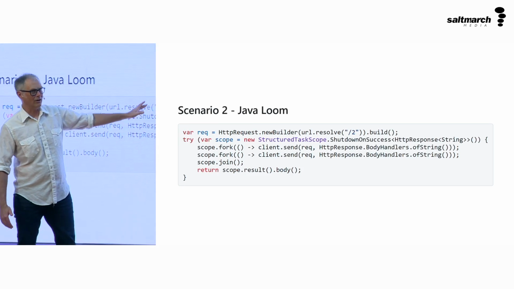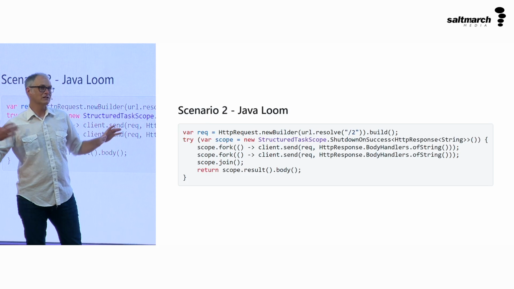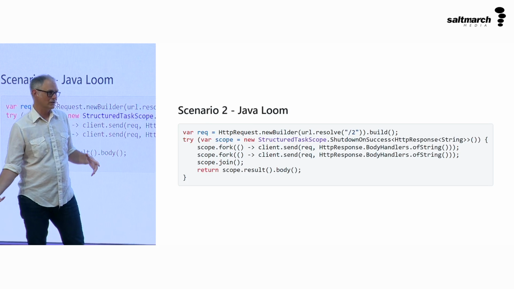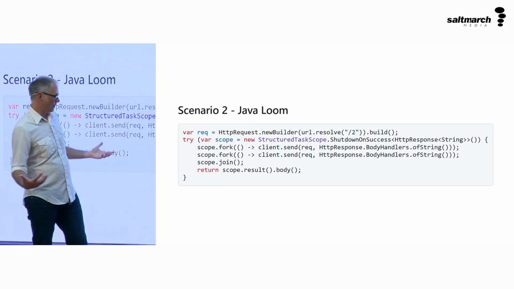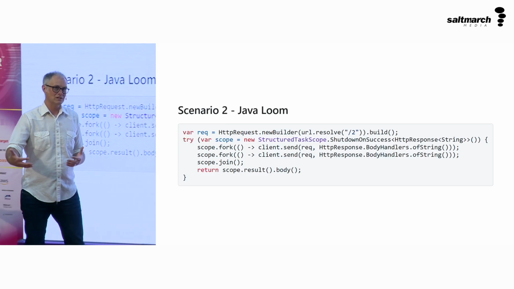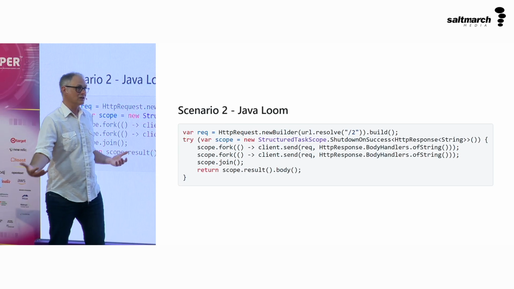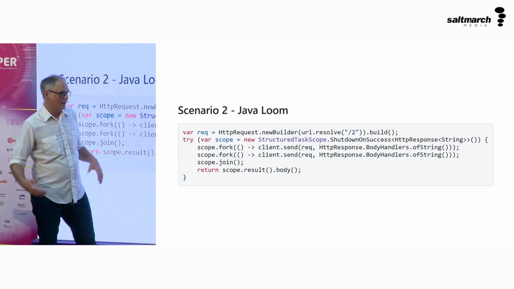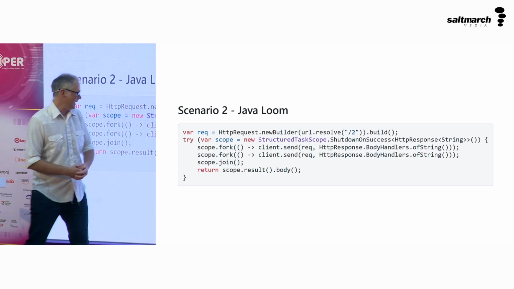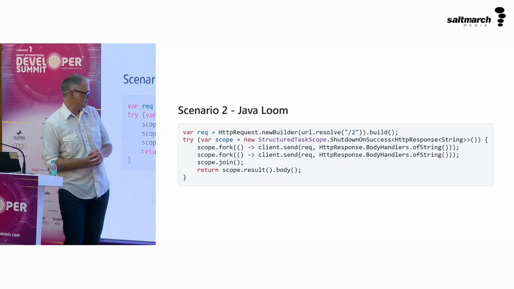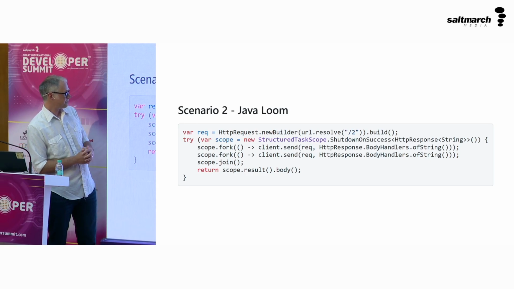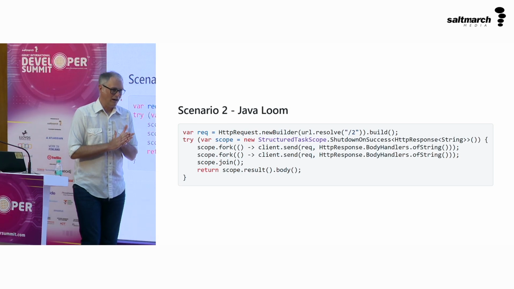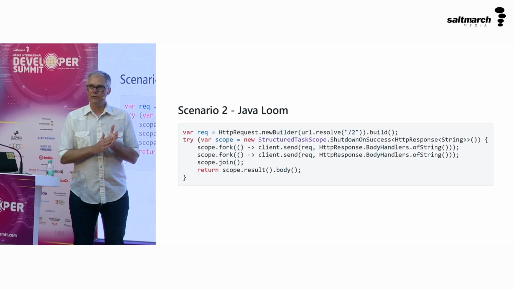There is also a shutdown on failure, I think it's called, which would give us the other behavior where things would close as soon as there's an error. But for this scenario, we actually want to consider the connection that gets closed to be a loser and keep the race going. And so that's what happens. That's the same code that we saw before. Okay, so that's our scenario 2 in Java with Loom.